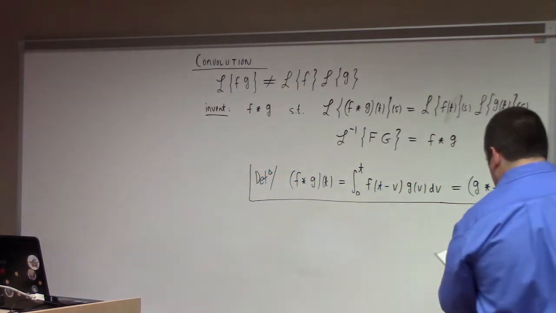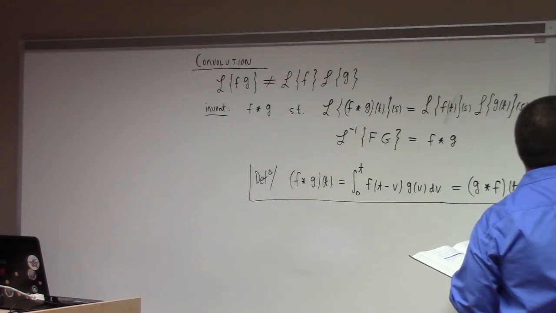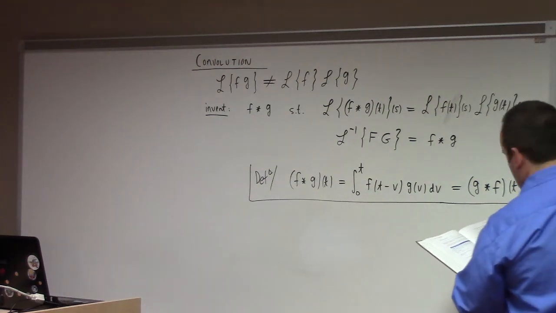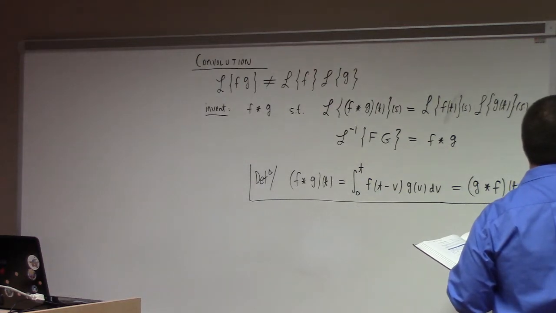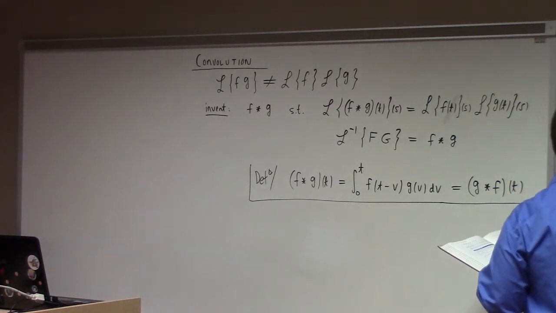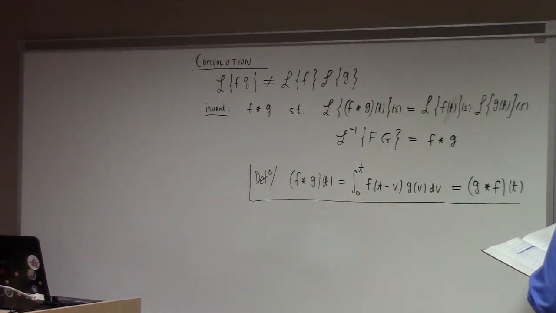All right, so I'm going to work through the proof on page 400. The Laplace transform of the convolution is the integral from 0 to infinity, e to the minus st, times the integral from 0 to t, f of t minus v, g of v dv.